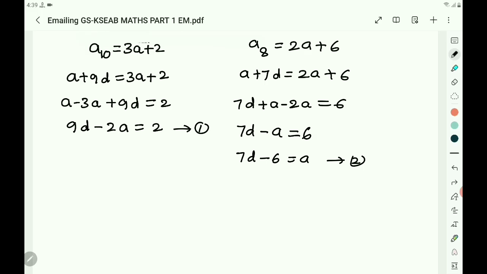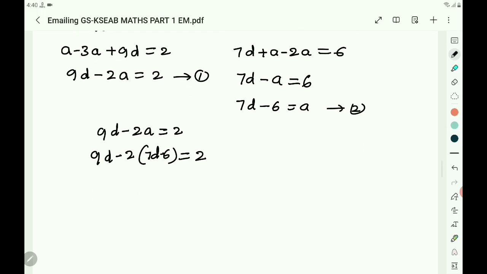Then write the first equation. 9d minus 2a equals 2. 9d minus 2 into, in the place of a, 7d minus 6, equals 2.